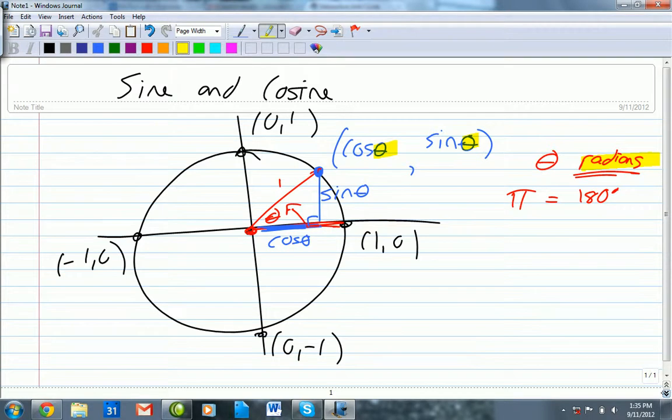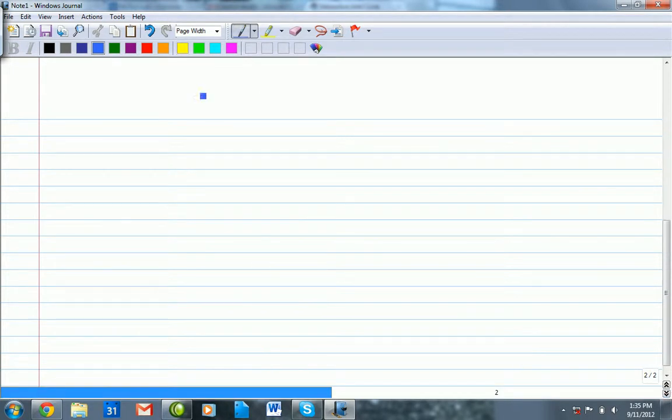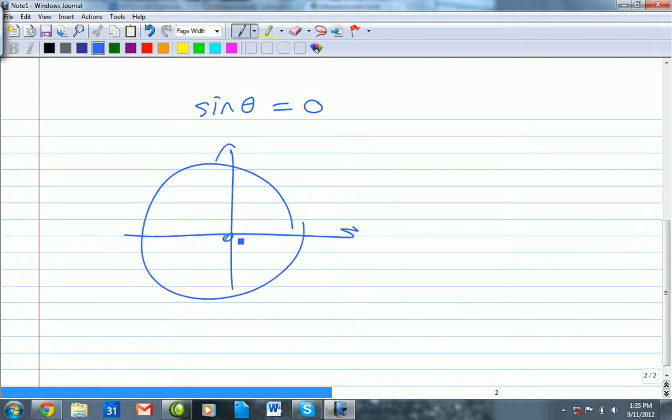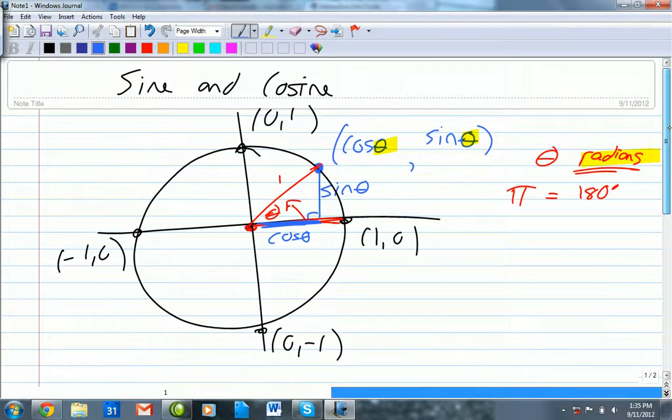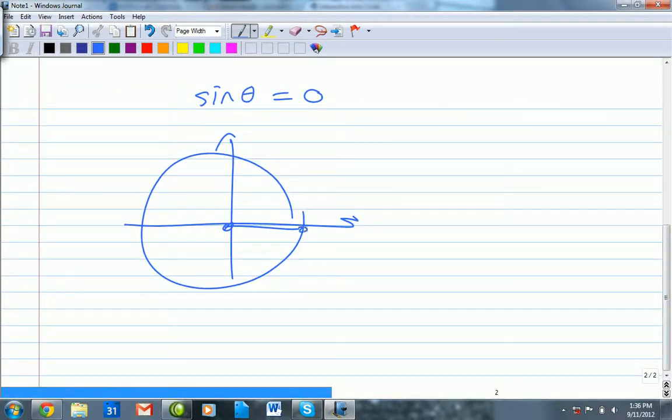Right, so if we look at a very basic example, when is the sine equal to 0? For what values of theta? Based on what we just went through quickly, sine is the y value of our terminal point. 0, 0; 0, 1; negative 1, 0; and 0, negative 1.